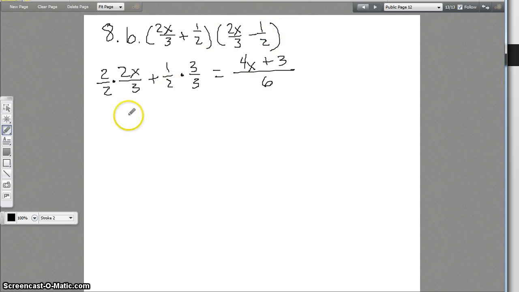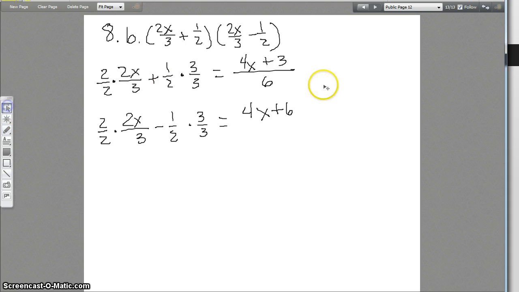Now I need to do the same thing for my second fraction. The second parentheses. We have 2x over 3 minus 1/2. So I need to multiply my first fraction by 2/2 and my second fraction by 3/3. And we will get 4x minus 3. Let me take care of that.